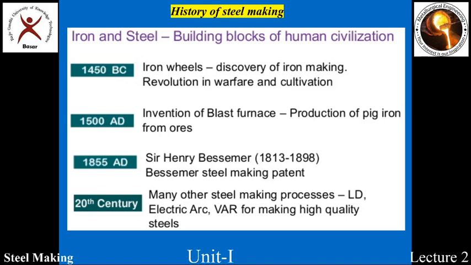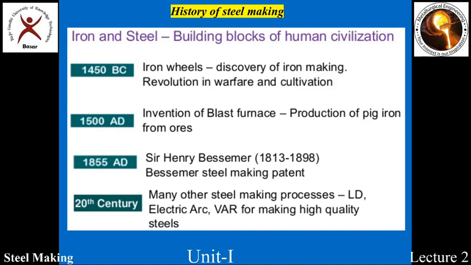In 1500 AD, there was the invention of the blast furnace for producing liquid pig iron from its iron ore. In 1855 AD, Sir Henry Bessemer devised a steel making process from iron, taking pig iron as a raw material. That particular process was subsequently named the Bessemer steel making process.